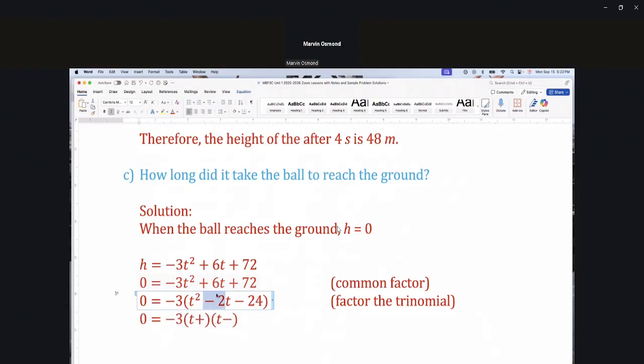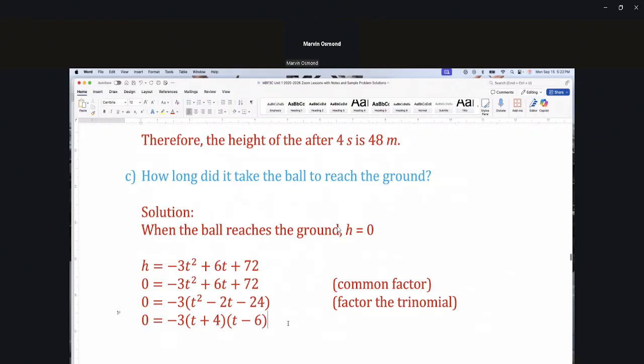If the number in the middle is negative, the bigger of the two numbers has to be negative. So in this case, 6 times 4 is 24, and 4 minus 6 is -2. So there we have the trinomial factor.